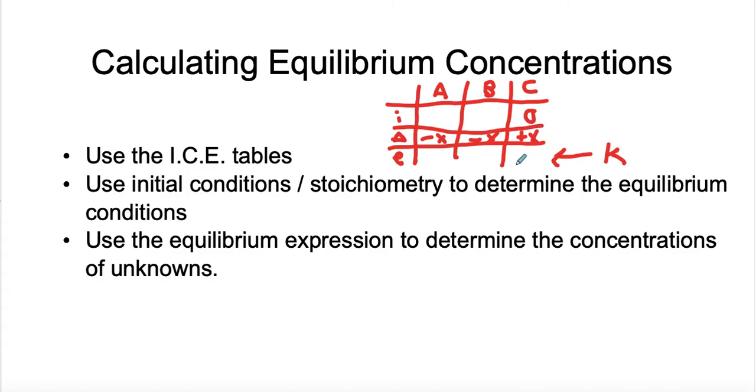Then you can get to your equilibrium concentrations and calculate your K. Your K is determined by your equilibrium, not by your initial concentrations. So you need to use initial conditions and stoichiometry, that's your change, to determine your equilibrium conditions, and then use your equilibrium expression, your K expression, which is your products over your reactants, to determine that. Often you'll have an unknown, and you have to solve it using algebra, and sometimes even the quadratic equation.